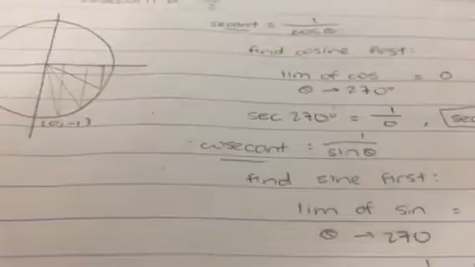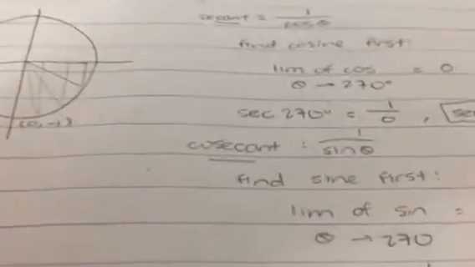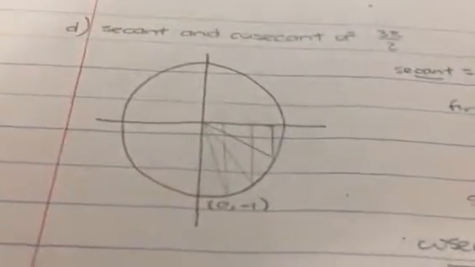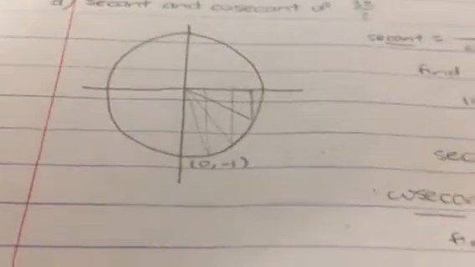So secant of 270 would then be 1 over cosine, which is 1 over 0, and you can't divide by 0, so secant of 270 degrees is undefined. Next, cosecant is the reciprocal of sine, so I found sine, which is the y value.